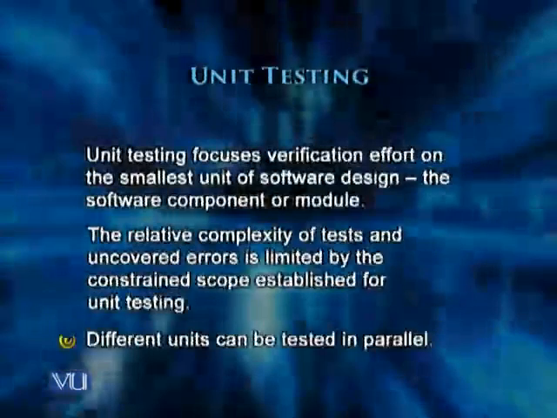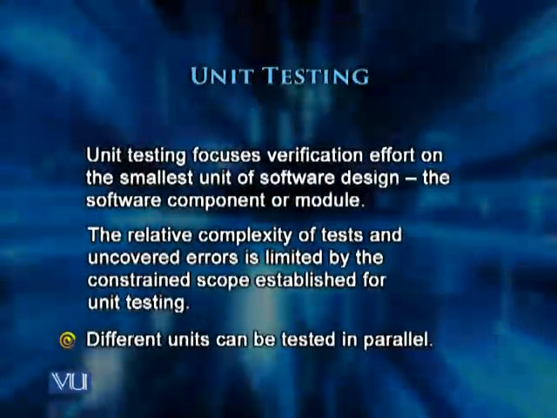But there is an interesting thing: different units which are not dependent on each other can be tested in parallel. That is, if unit A is not dependent on unit B, then they can be tested in parallel. This activity does not have to be sequential.